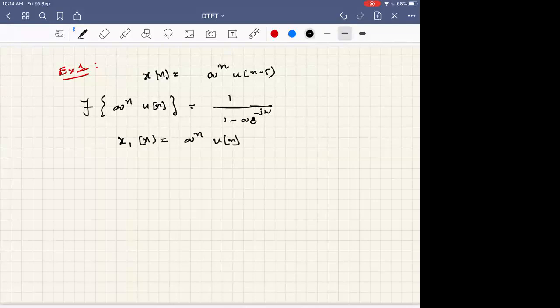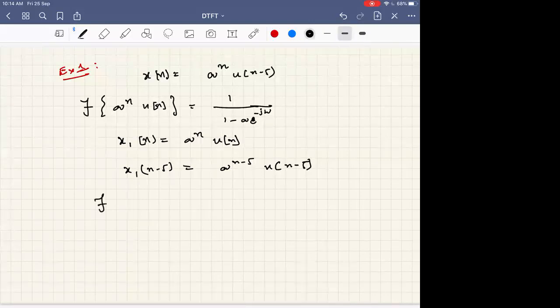From this, if I want to get this x of n, I write x1 of n minus 5, which is a power n minus 5 u of n minus 5. Correct? Now I know the Fourier transform of x1 of n.